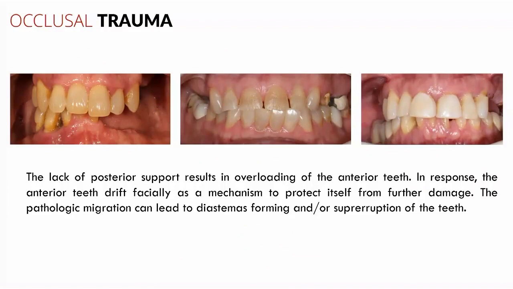And when we say supereruption, we'll define that as drifting of the teeth either downward or upward, basically towards the coronal or incisal direction. Okay, so going away from the bone or gum tissue.